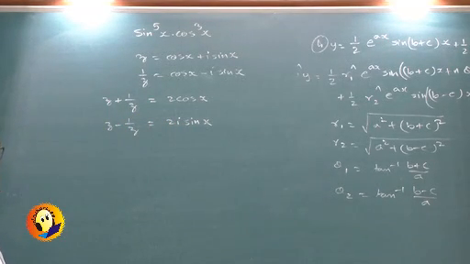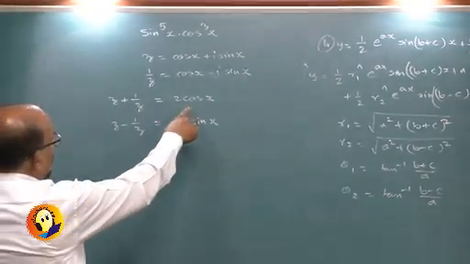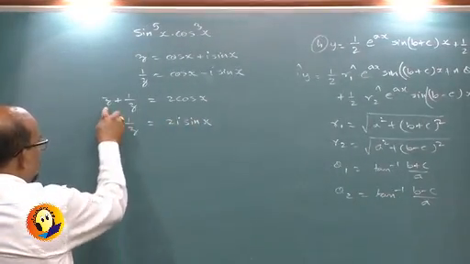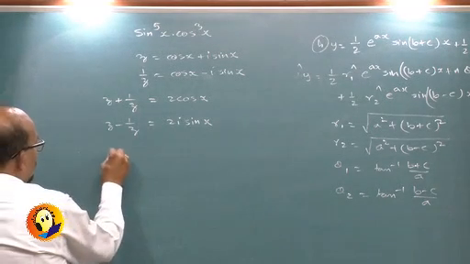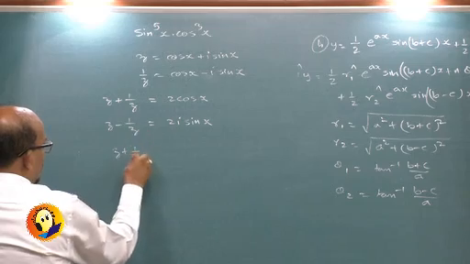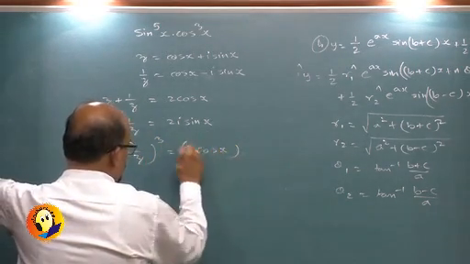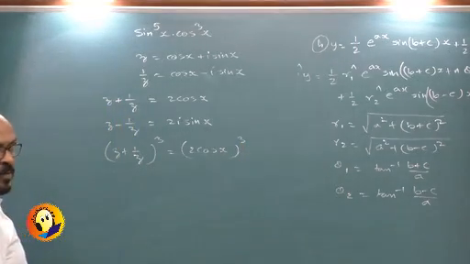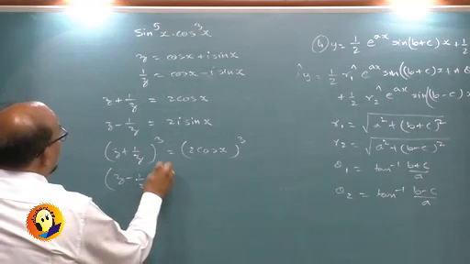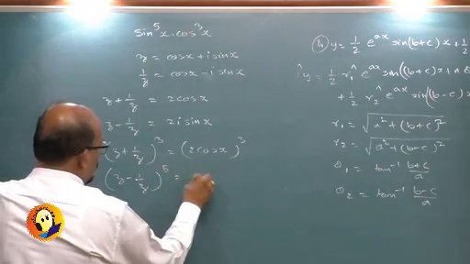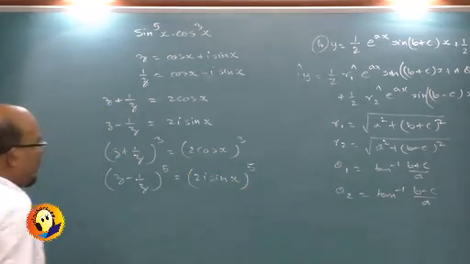How to make use of this? Because then we require cos cube, so I can raise both of these to power 3. So therefore I will get z plus 1 upon z bracket cube is equal to 2 cos x bracket cube, and z minus 1 upon z bracket raised to 5 is 2i sin x bracket raised to 5.